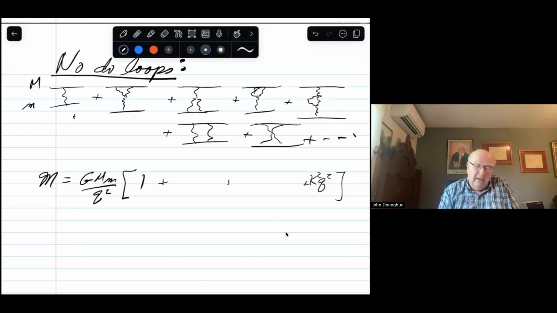There could be kappa squared q squared, log q squared. So kappa squared q squared is dimensionally correct. Kappa squared log q squared is also dimensionally correct. One that I haven't motivated for you too much, but what you do find is kappa squared times the square root of q squared times m squared, where m is one of these two masses here.